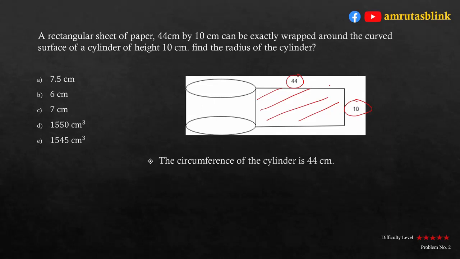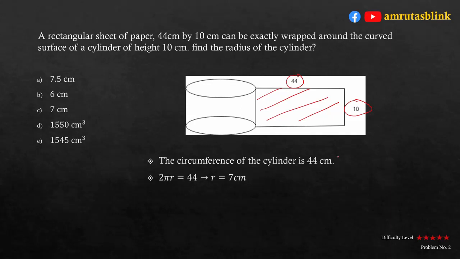Now, the width of the rectangular sheet, that is 44 centimeter, will be exactly covering the circumference of the cylinder. So when the width is 44 centimeter, we can say that the circumference of the upper surface or even the lower surface of the cylinder is 44 centimeter.